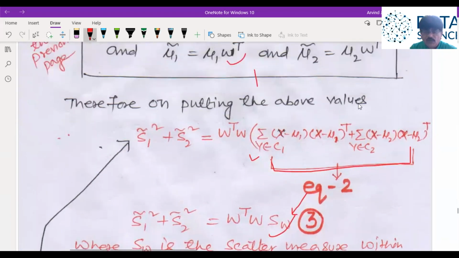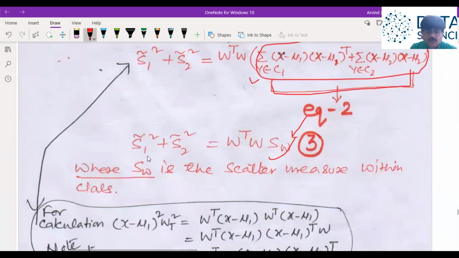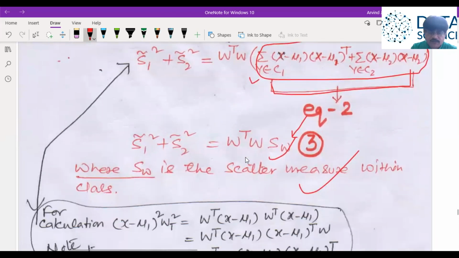So the sum of the projected scatter, S1 square plus S2 square, is equal to W transpose SW W. So SW is the scatter measure within class. Now it is clear.